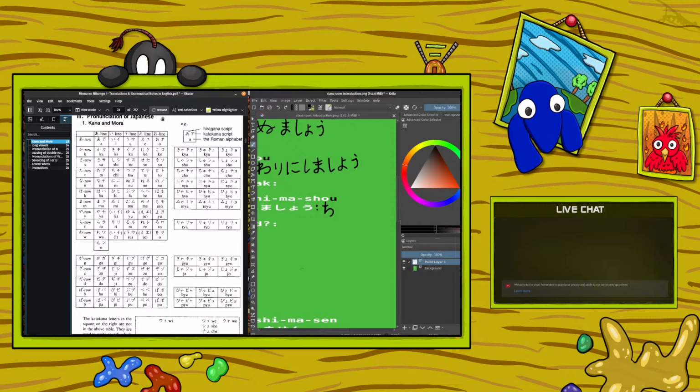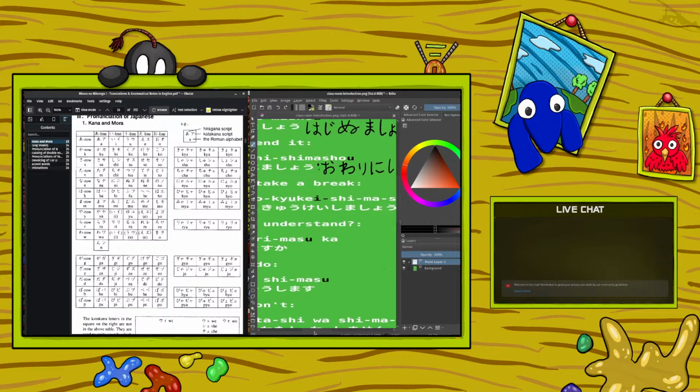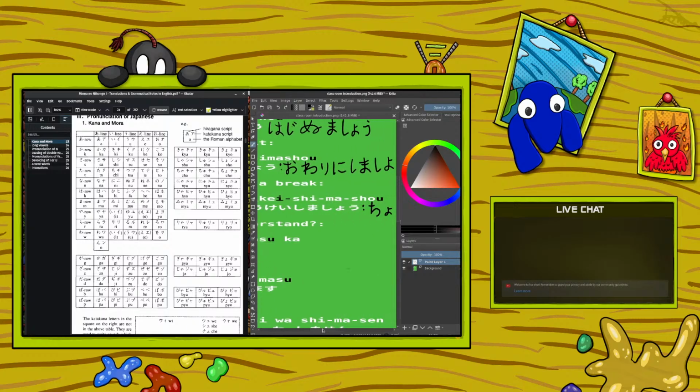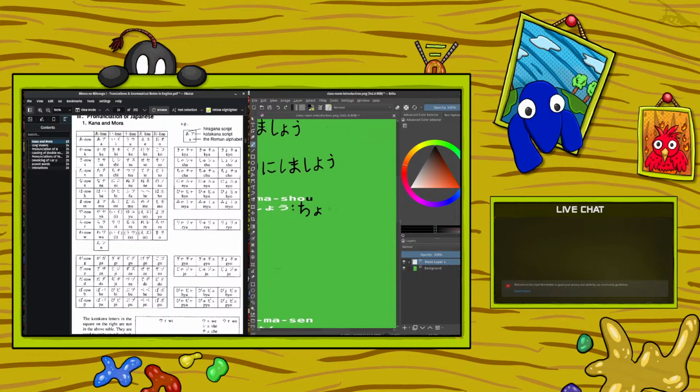Let's see. So first we're gonna be typing in cho. So that's that one, and then a tiny letter. It needs to be tiny. Choto. So cho, and then we're gonna go for to. So now we have first a tsu in there because of how grammar works.